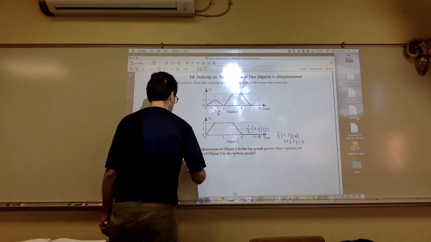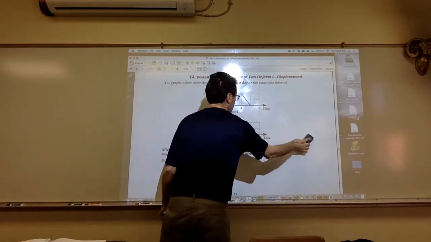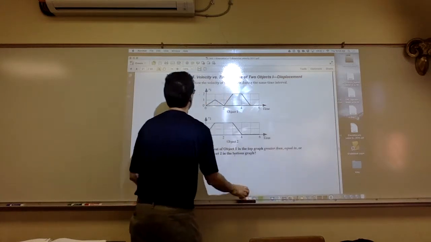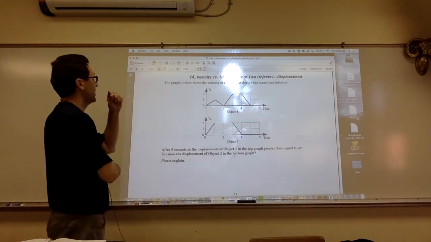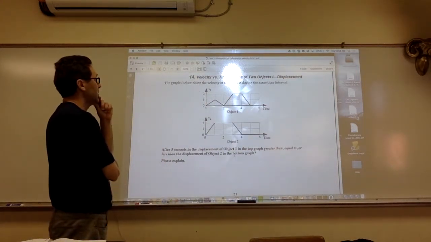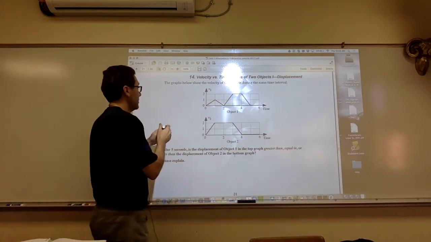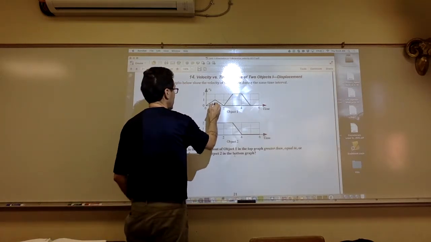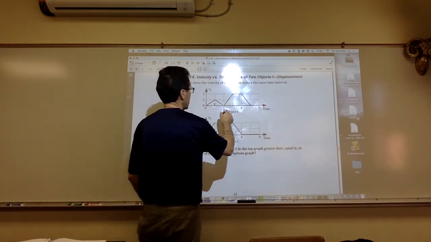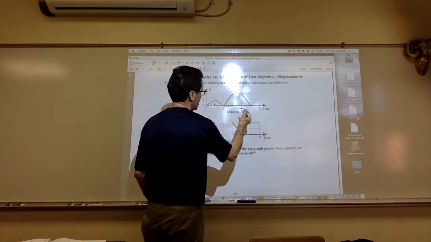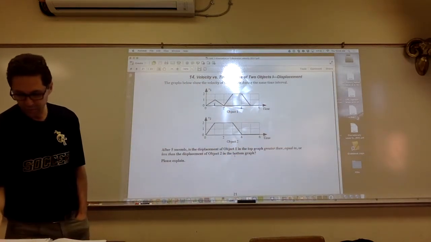Let's look at number 14. The graphs below show the velocity of two objects during the same time interval. So here, to find the displacement, we technically just find the areas. This is 1/2 base times height, so this is a 1. What we got here is kind of a trapezoid, so you can do the area of the trapezoid.